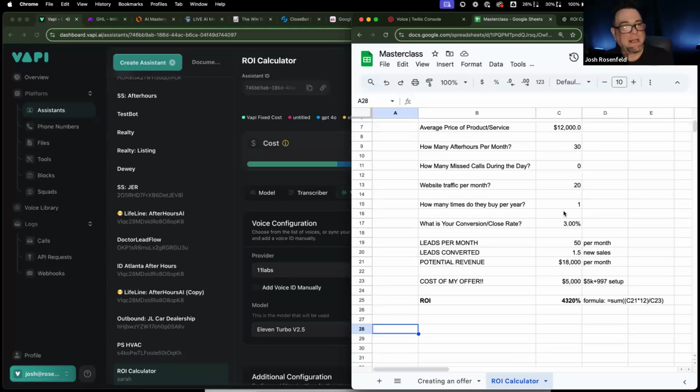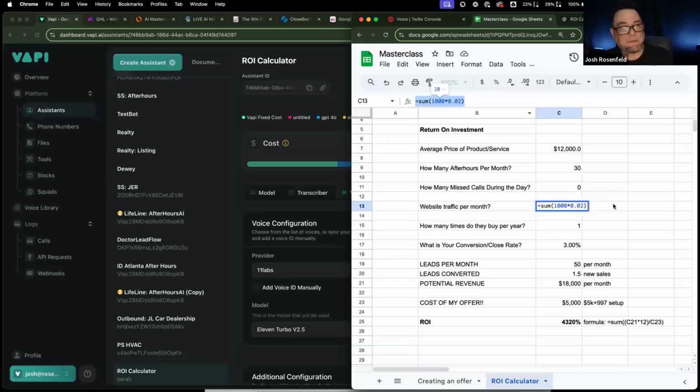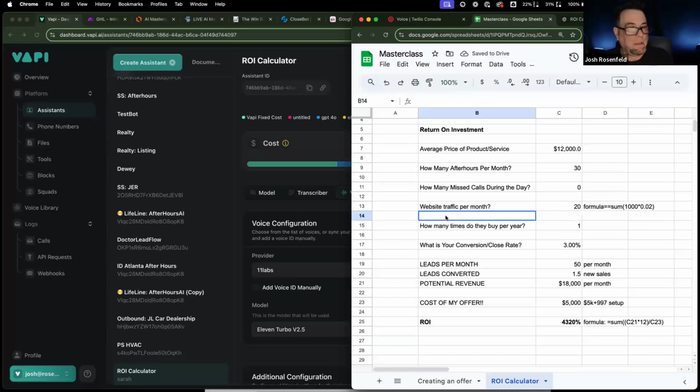All right, it didn't like it, so it's not working great. But here's the thing. I know that's going to be messed up because it needs this formula in here, right? Because I did a formula for this number. It didn't. I said 1,000, not 20. So formula equals that. So I'm going to do this.